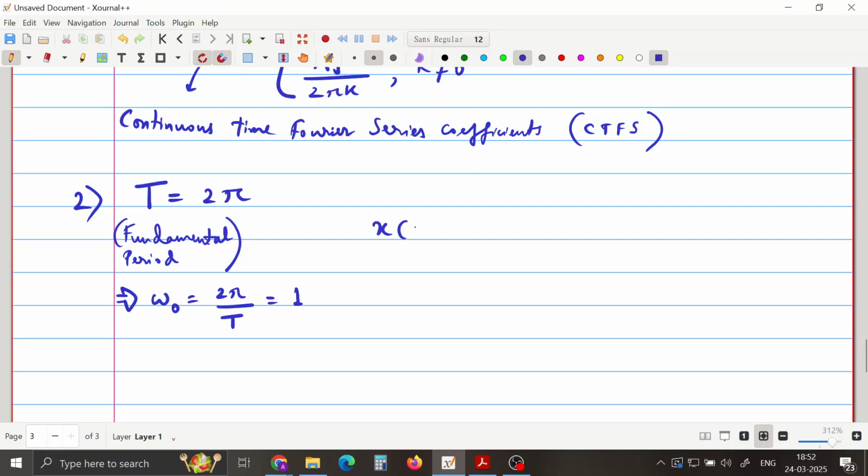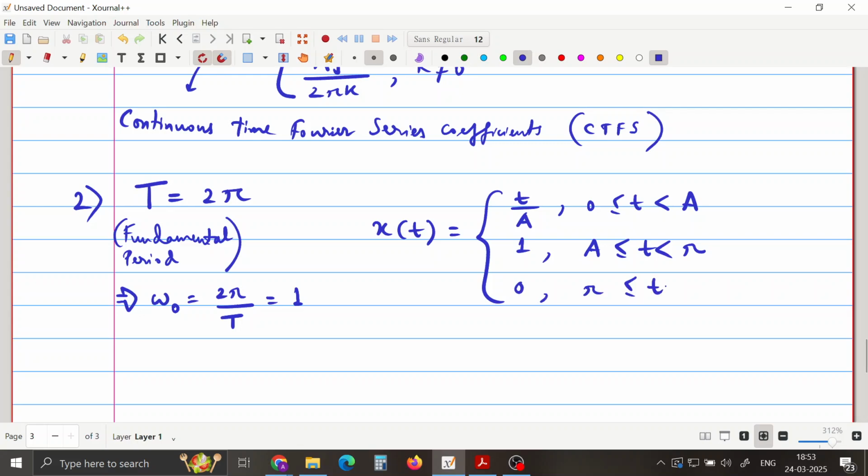It is given that x of t has this form, t by capital A for the 0 to capital A interval, and it has value 1 from A to pi, and 0 from pi to 2 pi.